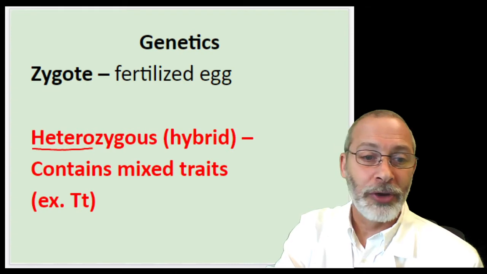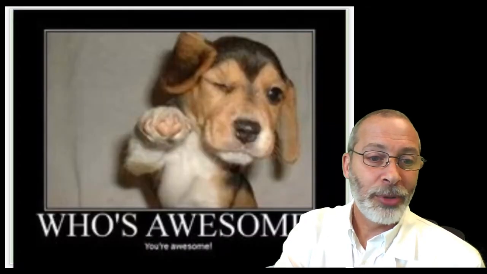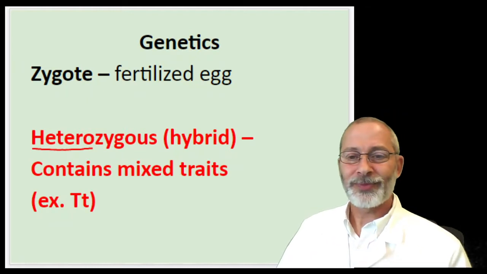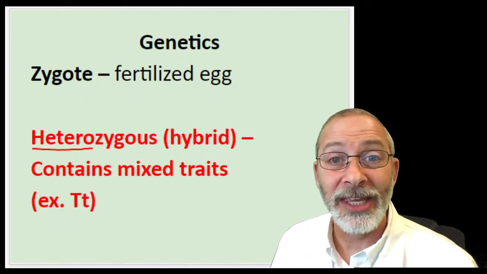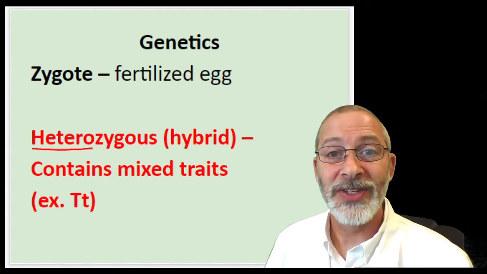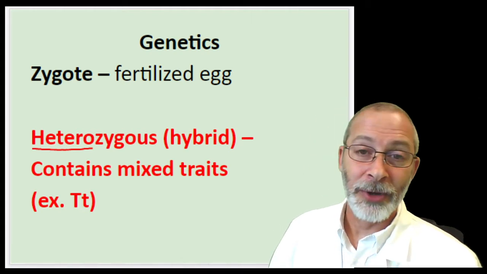Personally, I prefer these kind of dogs, mutts. I prefer a mutt. But let's talk about what a mutt is, okay? A mutt is not a homozygous critter. It is a heterozygous animal.